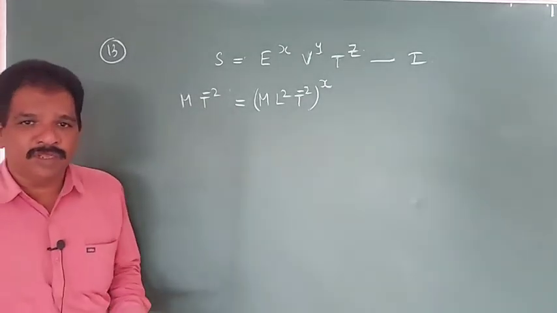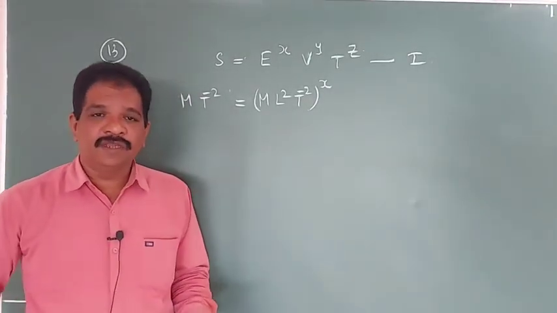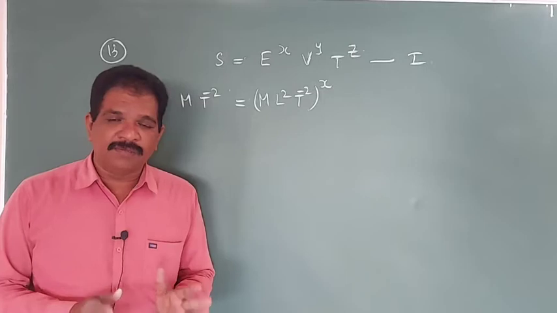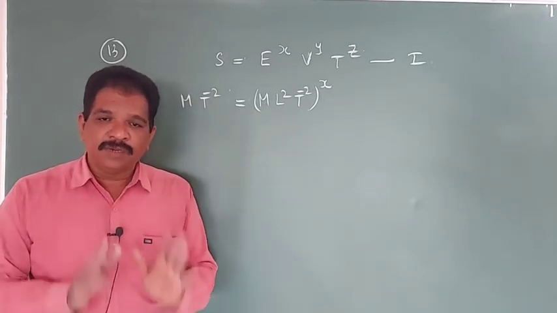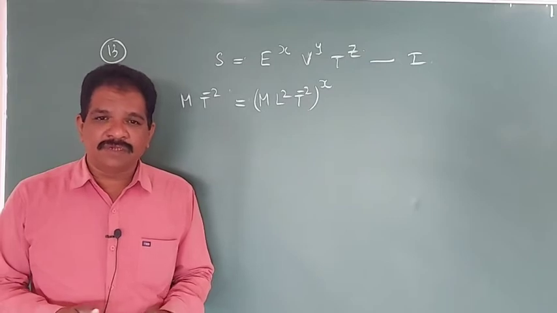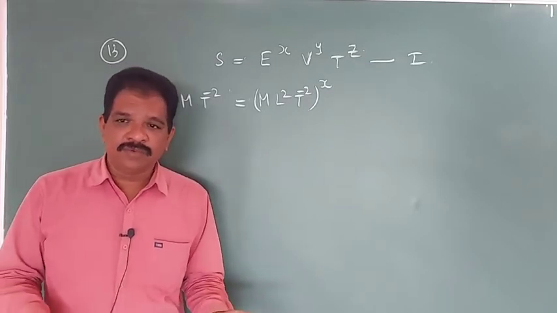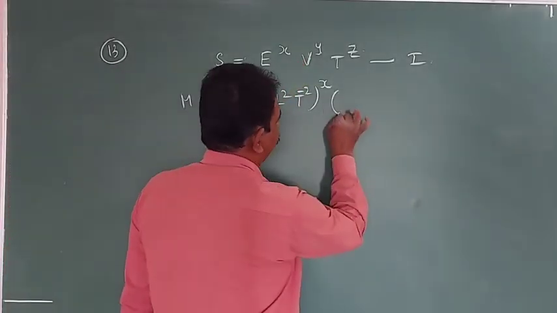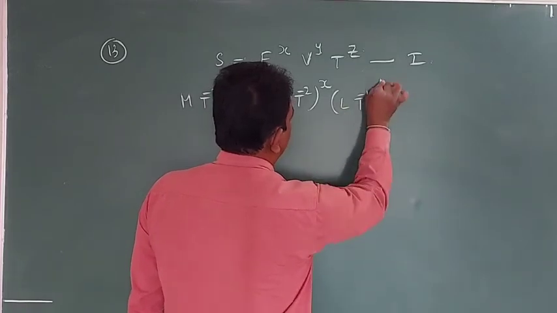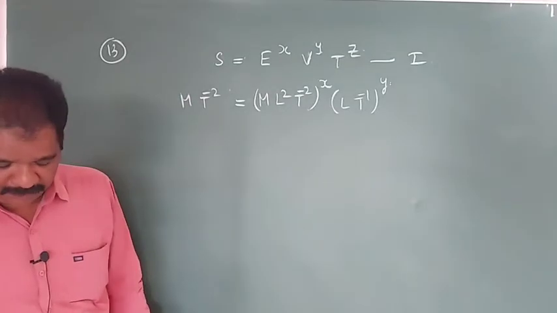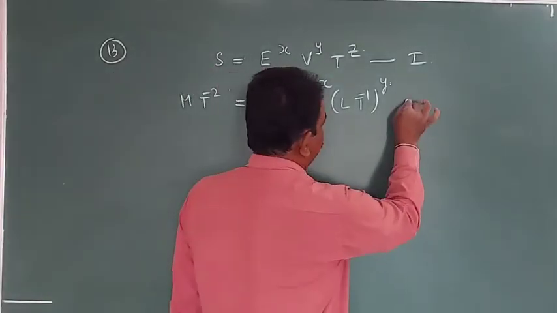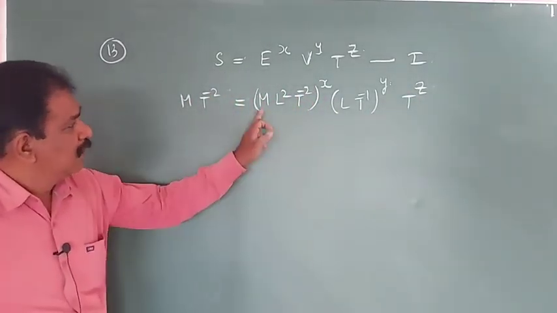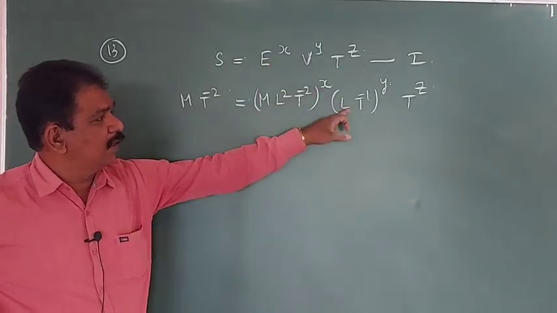You have to memorize all physical quantities dimensional formulas, then only you can solve the problems. In this chapter, mainly you have to learn, memorize, verify all the physical quantities dimensional formulae. That is more than enough to do this chapter. Velocity dimensional formula L T power minus 1, power y. Next, time, its dimensional formula T power z. Point is clear?